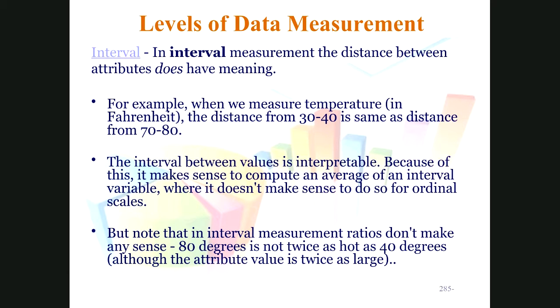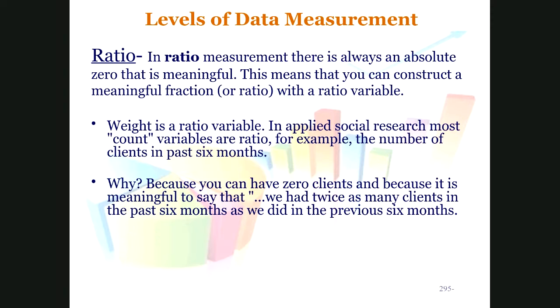All right. Okay. When we talk about the next one, when we talk about ratio data, that's where you can make those differences. There's always what's referred to as an absolute zero in ratio data. This means that you can construct a meaningful fraction or ratio with a ratio variable.